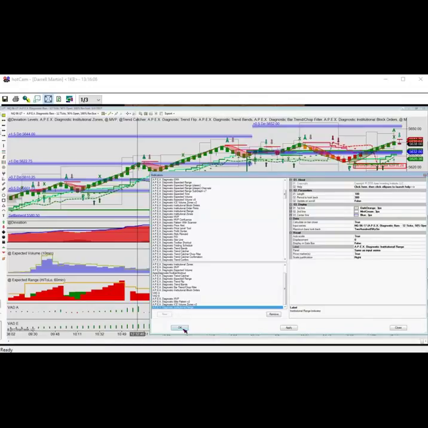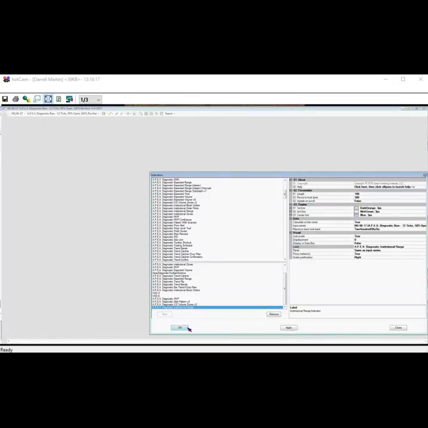I know, I'm trying to add it to my... oh, the institutional range indicator right there. Try it again, see if it'll plot. No, it's right there. I mean, I got it, but it seems to be messing up.